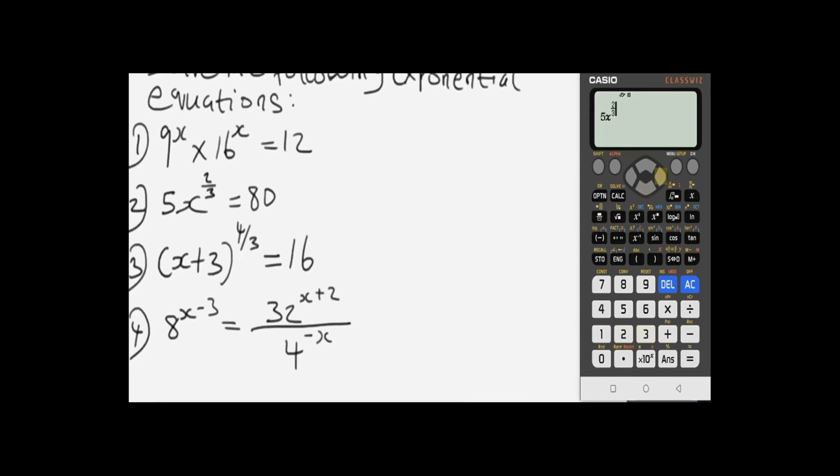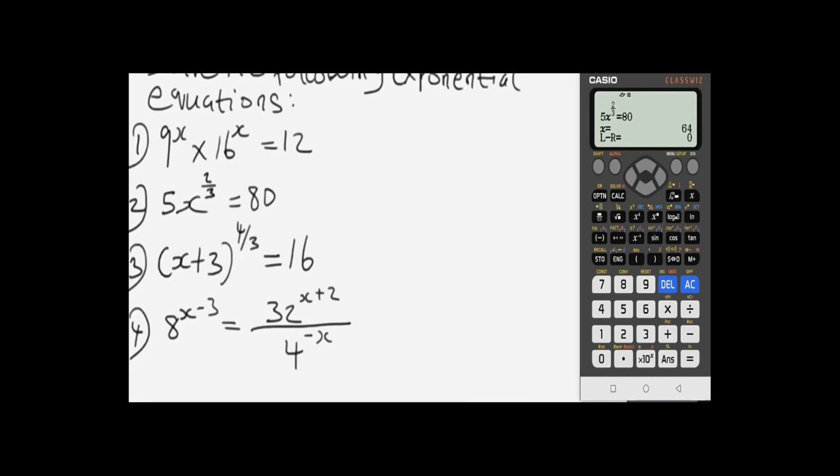So you come down, equals, press alpha and this calc button, equals 8. To solve this, press shift and this calc button. Assign x to be 0 here, guys, very important. Press equal to again. So you see x equals 64. It's as simple as this.